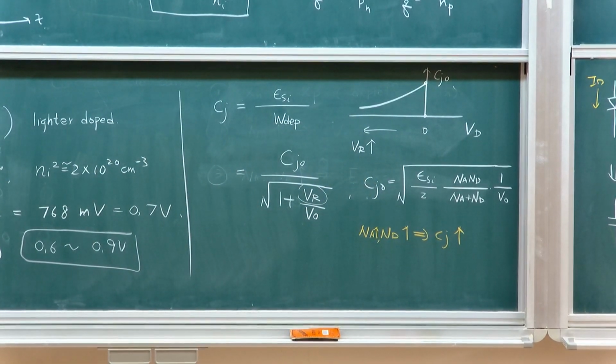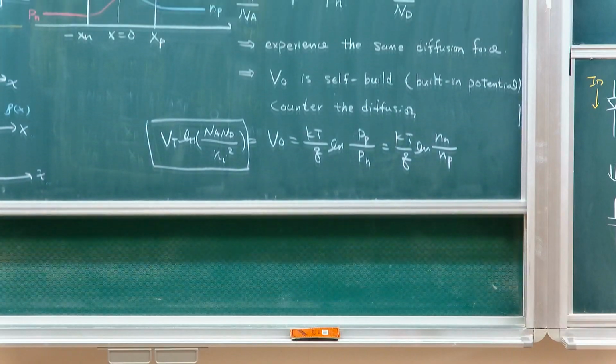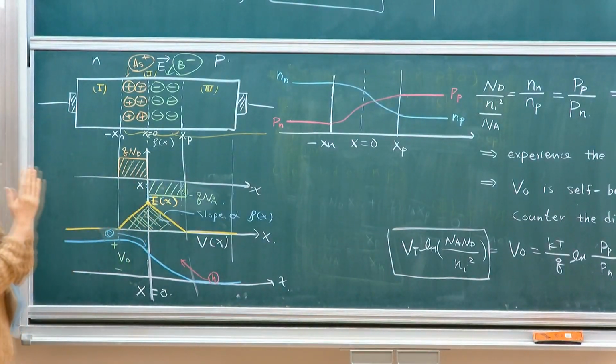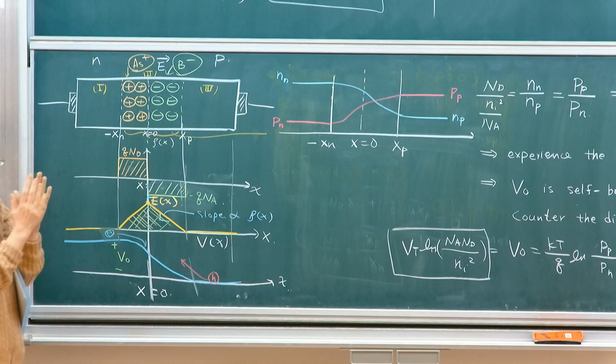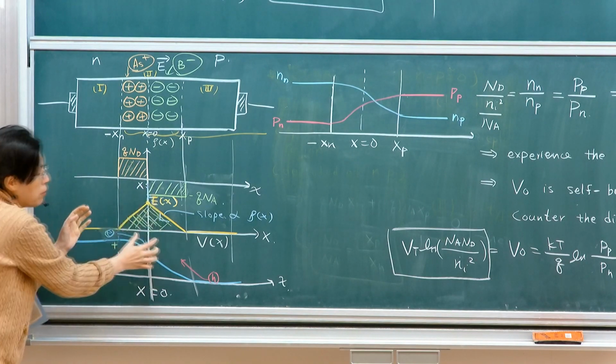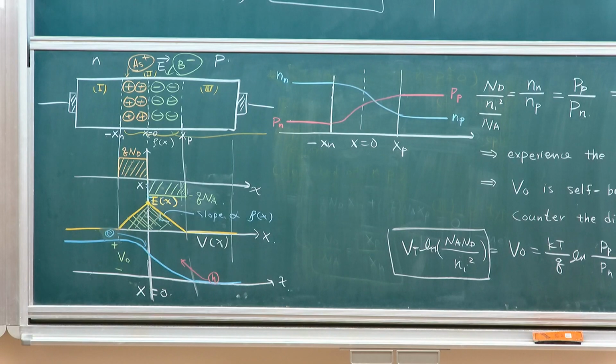The background reasoning is that in a heavily doped junction, the depletion region will be smaller, narrower, therefore your depletion charges will be close to each other. The higher the doping, the lower the width you need to create the same amount of triangle. It will be sharper. So a different type of triangle would affect how your junction looks.